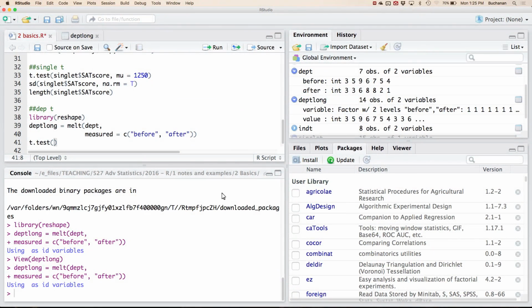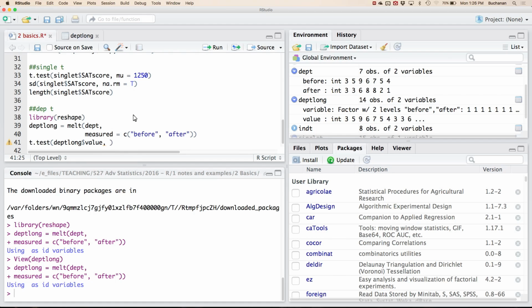So I'm going to do dependent t long. Now they're called variable and value because that's what melt automatically does. So variable is your IV, value is your DV. You can change the names of them, but you want to stick with DV being value. If you do them backwards, believe me, you'll look at the output and go, what?